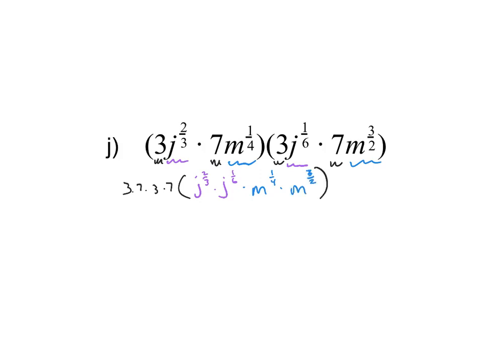Okay, and then I know doing some simplifying here, 21 times 21 I think is going to be 441 times, let's see here, J to the 2/3 plus 1/6 times M to the 1/4 plus 3/2.